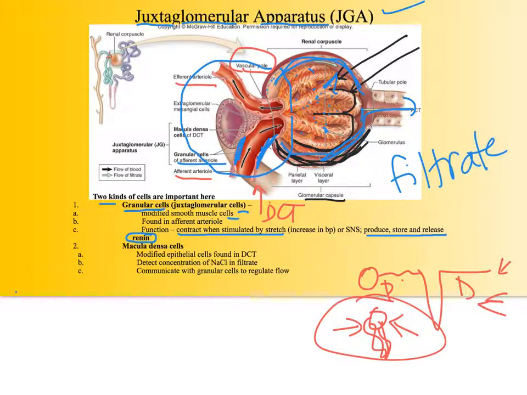Now, the other kind of cell that we have in here are called macula densa cells. Macula densa cells are epithelial cells, and they are part of the DCT, so they're up here. What they do is monitor the concentration of the filtrate as it comes through, to see how much salt is in there.